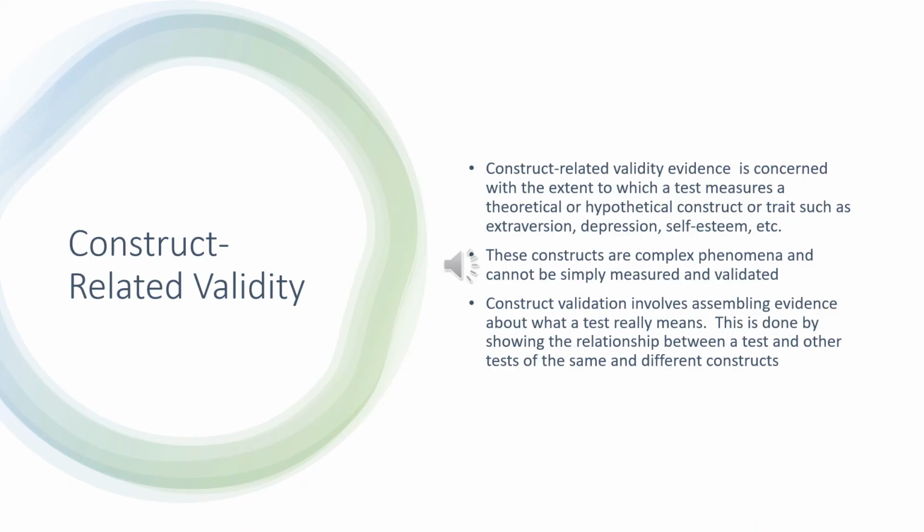The last type of validity is construct-related validity. Construct-related validity concerns the extent to which a test measures a theoretical or hypothetical construct or trait, like depression, extroversion, anxiety, conscientiousness, self-esteem, etc. These psychological constructs are very complex phenomena that cannot be simply measured and validated.